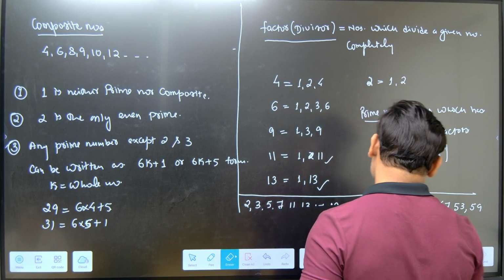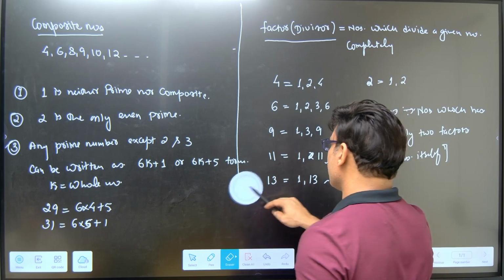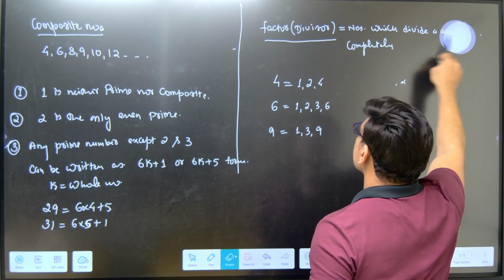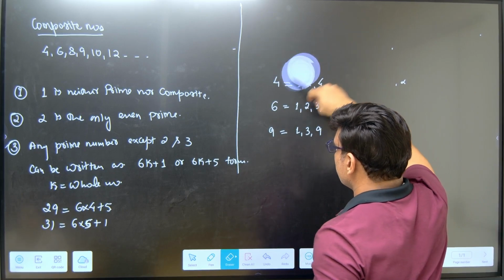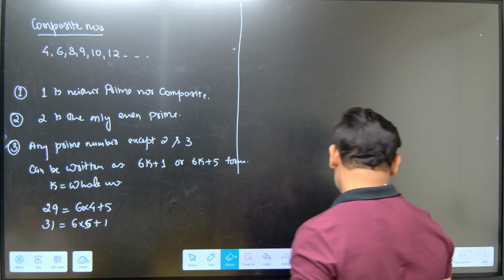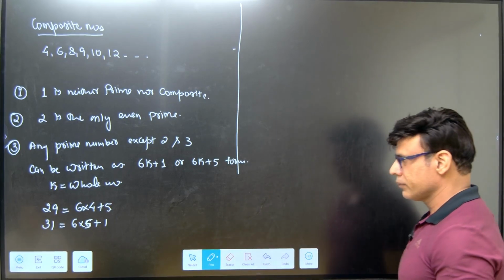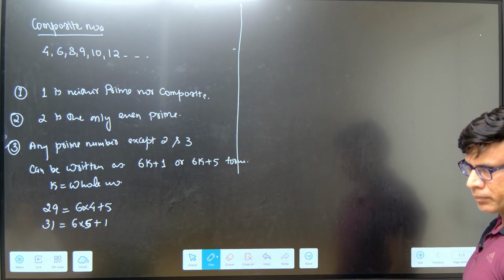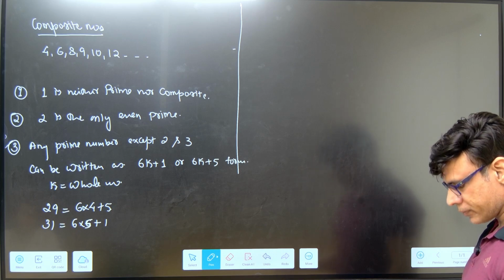K is a whole number, which means it can take 0 also. For 5, you can write 6 into 0 plus 5. Prime and composite is clear, right?